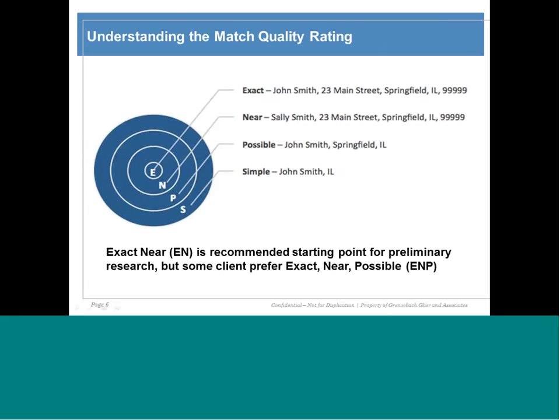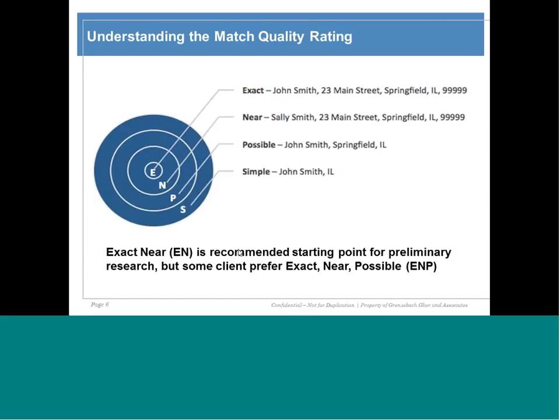Exact is our most verified level of match quality rating. So an exact match would be that your John Smith in your database is at 23 Main Street in Springfield, Illinois. And we have found a property record from our real estate source also for a John Smith at 23 Main Street in Springfield, Illinois.